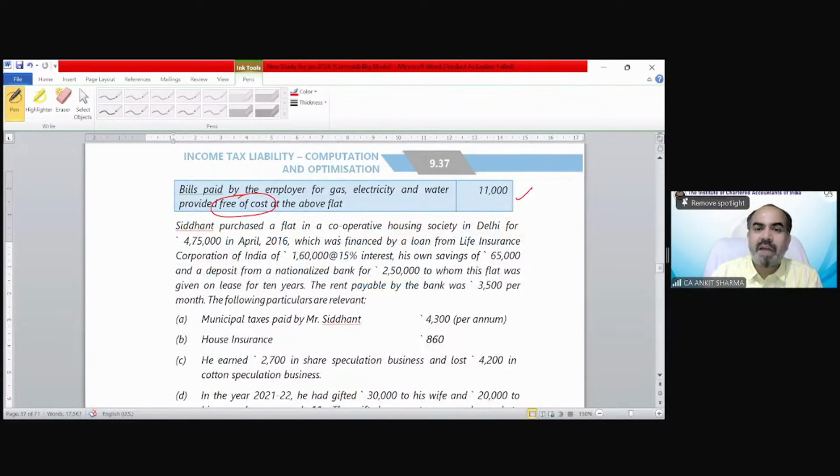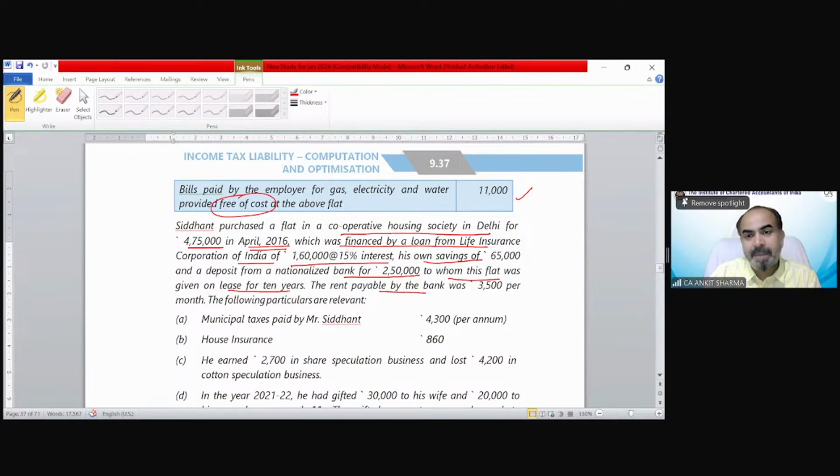Siddhant purchased a flat in a cooperative housing society in Delhi for 4,75,000 in April 2016, which was financed by a loan from Life Insurance Corporation of India, 1,60,000 at 15% interest. His own savings were 65,000 and a deposit from a nationalized bank of 250, to whom this flat was given on lease for 10 years.